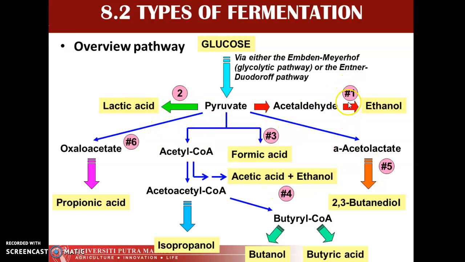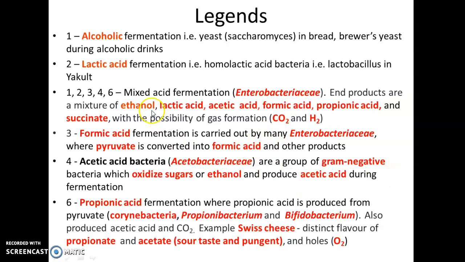For example, number 1 is alcoholic fermentation. The second one is homolactic fermentation. If you combine number 3, 2, 6, and 4, it can be mixed acid fermentation. And also number 5, I think this is alcohol. Okay, we can consider this one as alcoholic fermentation. So this is the legend.